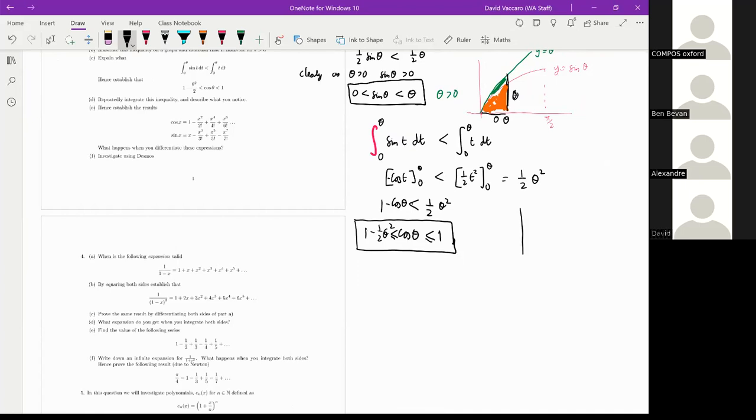So graphically, what this means is that my cos graph for positive theta lies beneath the line y equals 1, but above this function 1 minus a half theta squared, which is a parabola. And I'm just going to see if anyone is alive on the chat. But what do you think is going to happen next?